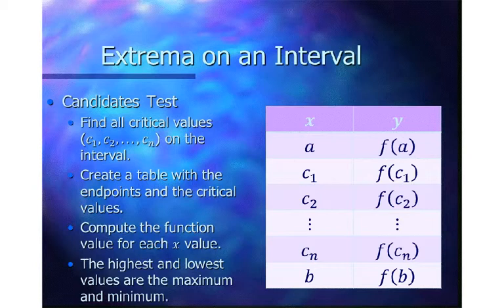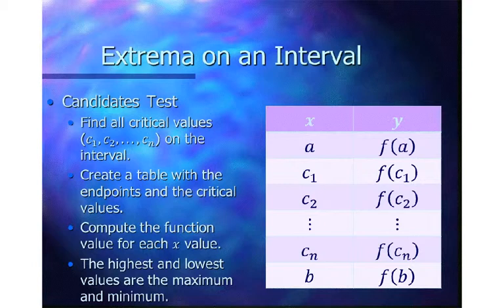So we find the critical points by setting the derivative equal to 0 or finding places where the derivative is undefined. Once we have those critical values, however many there are, we make a table with the endpoints and the critical values. We compute the function value for each x value in that table.